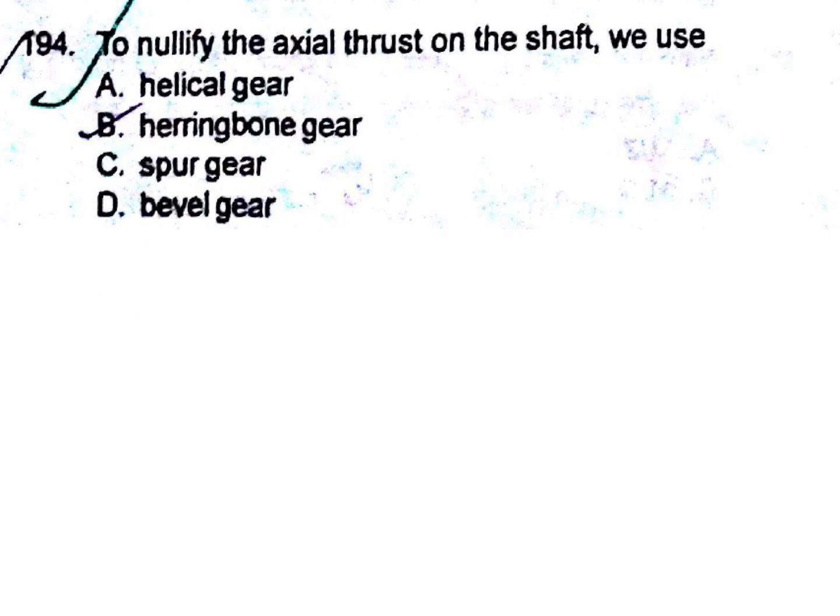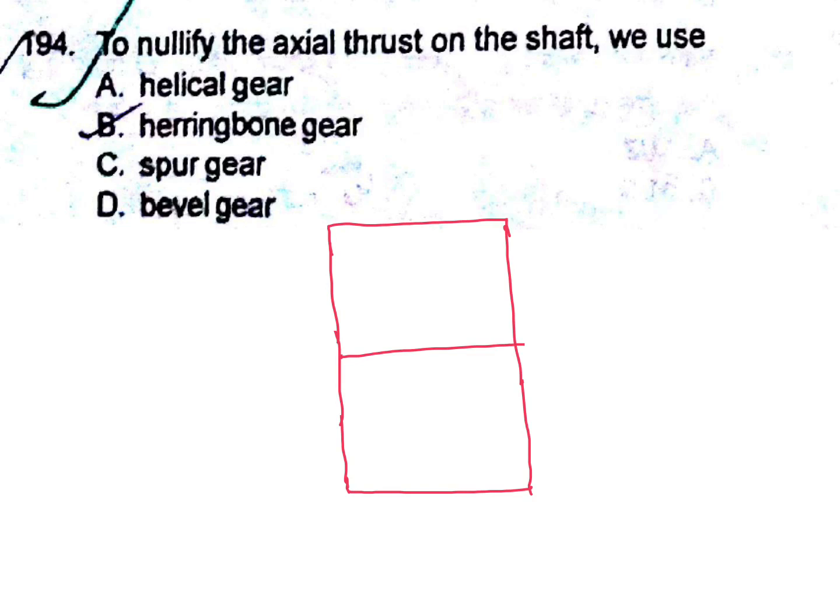To nullify the axial thrust on the shaft we use, this question also already discussed in my previous objective mechanical videos, double helical gear or herringbone gear. Zero axial thrust or minimum axial thrust.